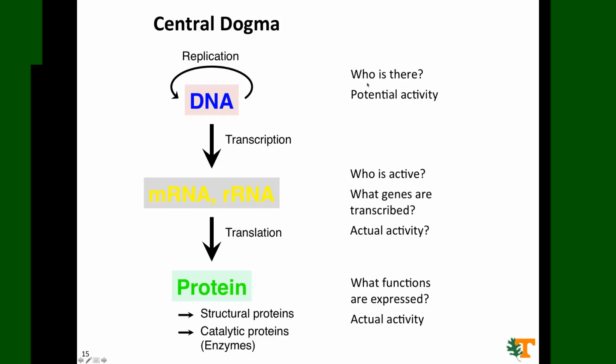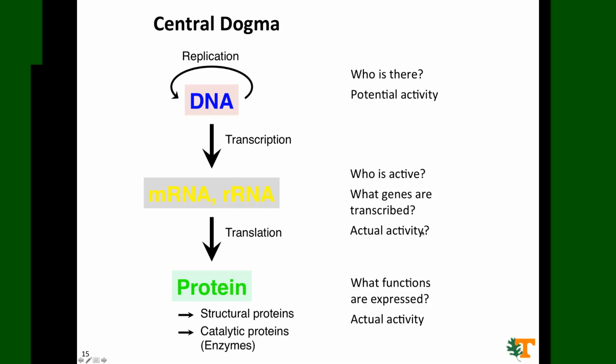And so the DNA can tell us something about who is there. It can tell us about potential activity. Right? So if we detect a certain gene at the DNA level, we know that this gene is there, but we don't know if it's active. Right? Is it transcribed? Is it translated into a functional protein? Well, we could look at RNA. That should give us information about who is active, what genes are transcribed.